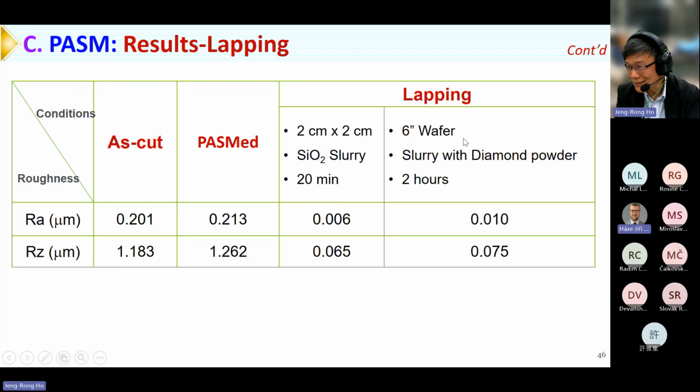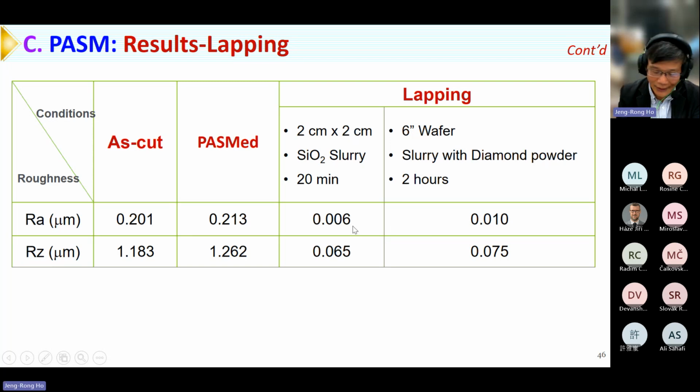But this one is for 6 inches. We outsourced to another company to help us. So we didn't conduct any process parameter optimization, and the slurry is with diamond powders. So even though the lapping time is longer, the surface roughness is still higher for this case.